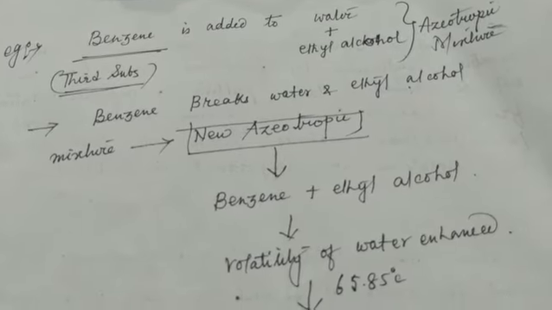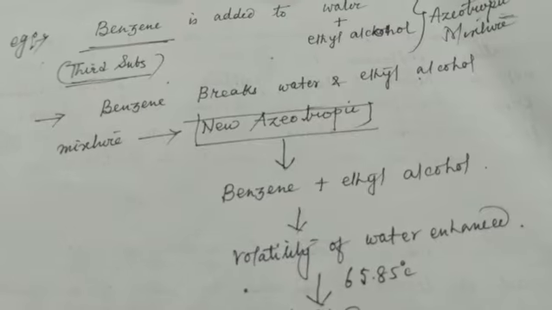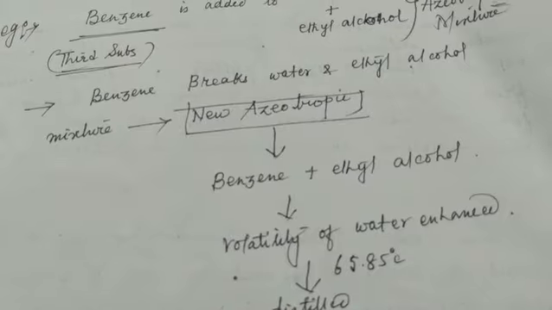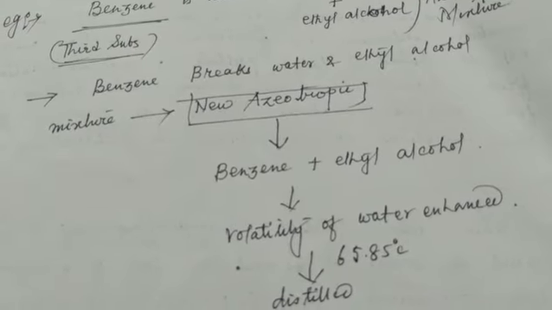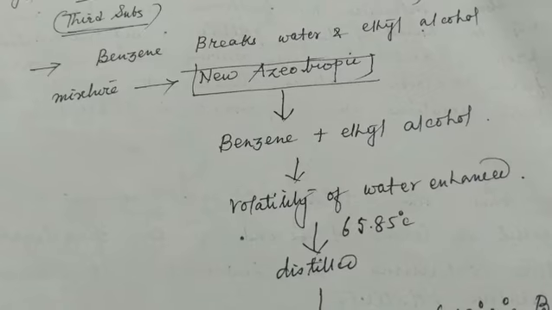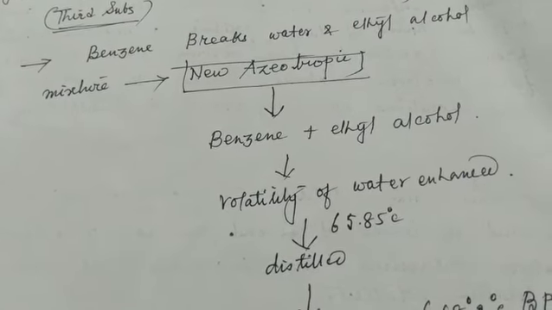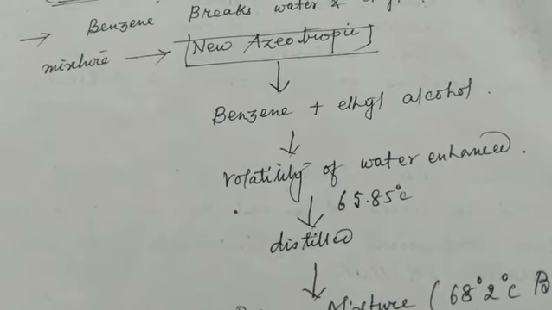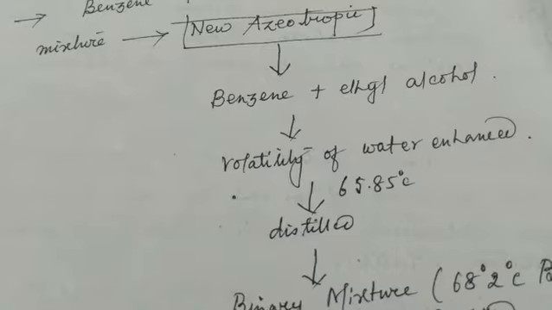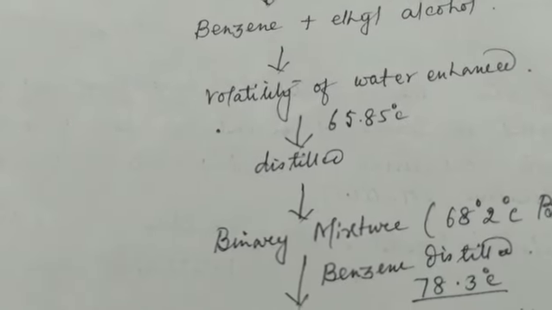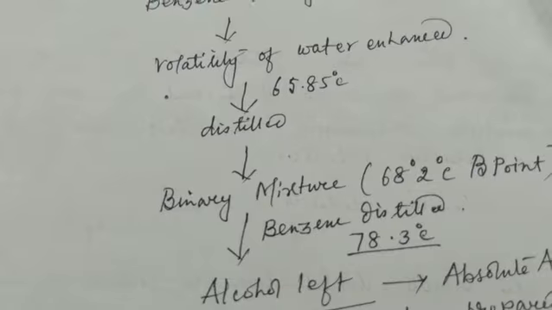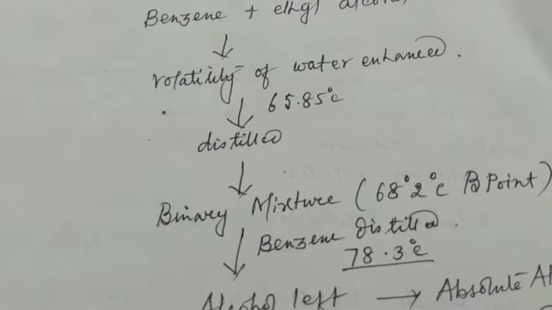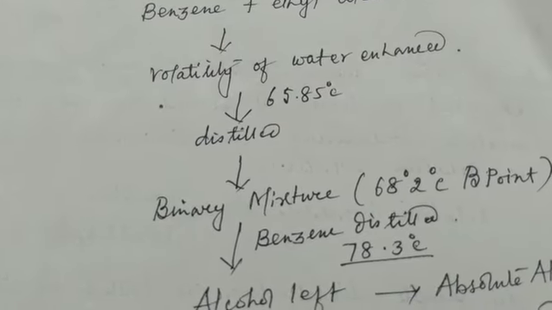So benzene breaks the water and ethyl alcohol mixture and forms a new azeotropic mixture, that is benzene plus ethyl alcohol. Here water is liberated and the volatility of water is enhanced, and it is distilled at 65.85 degrees centigrade. Now the binary mixture is left, which distills at 68.2 degrees centigrade.